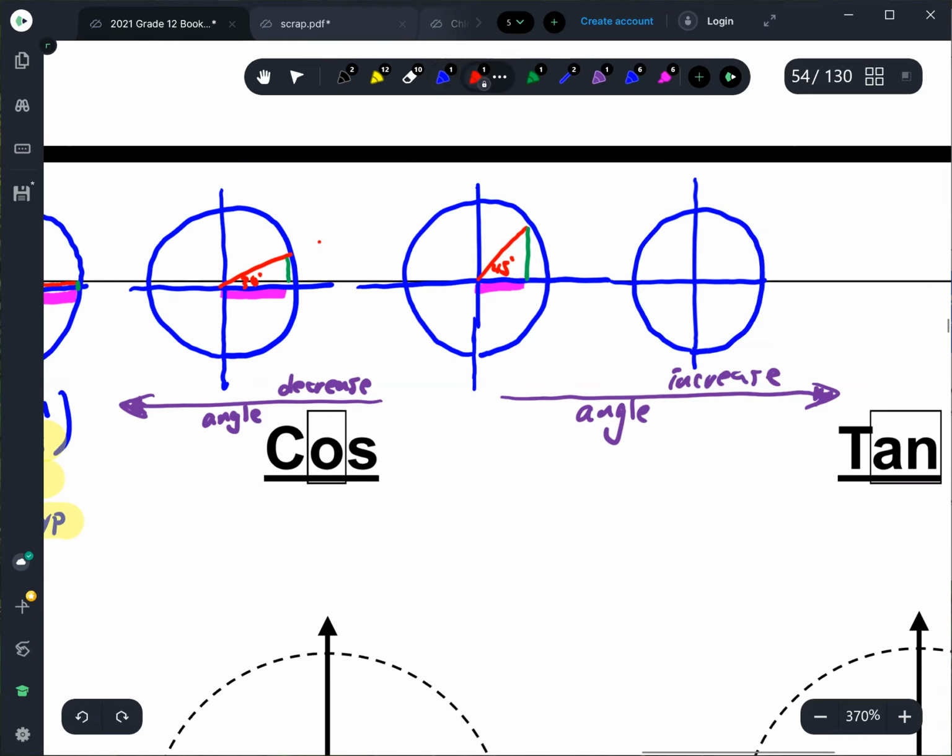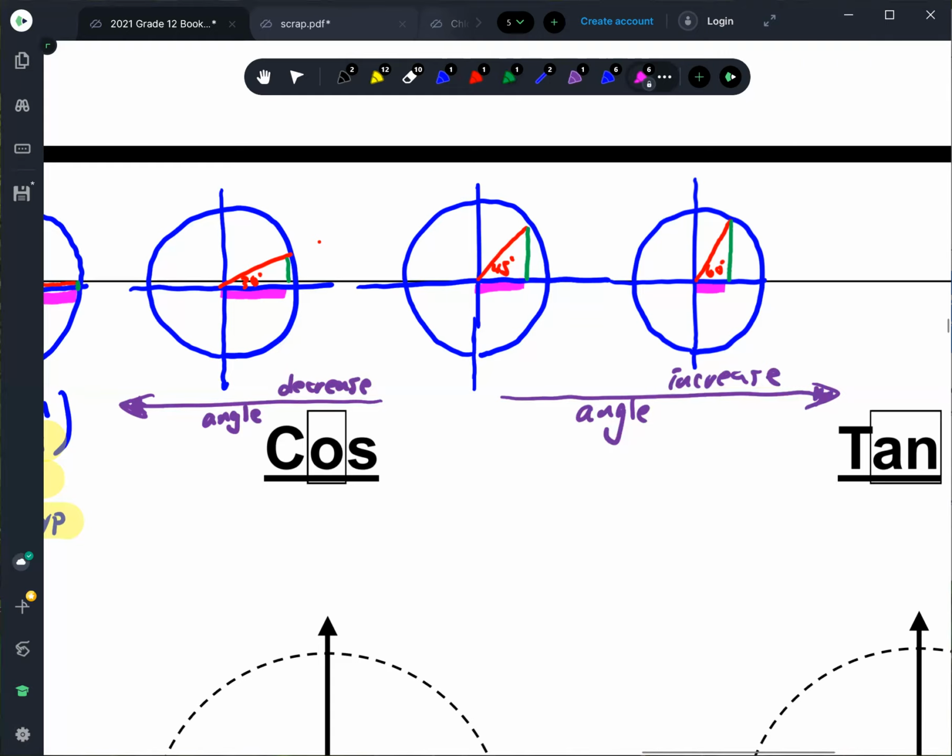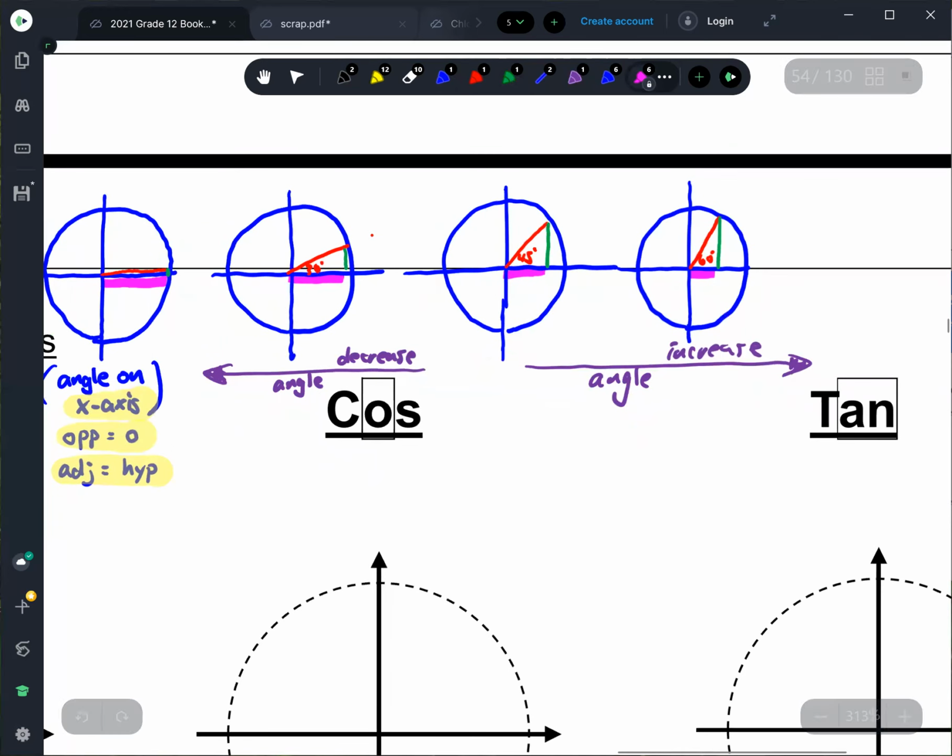If the angle goes to 60°, then you can see the green line will get even longer, and then your adjacent side even shorter. Look at the comparison of each of the triangles. As the angle gets bigger, of the two sides, one gets longer, one gets shorter.